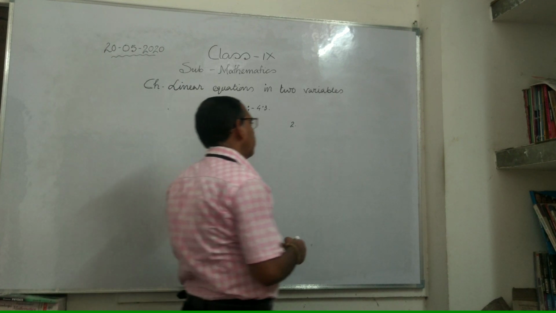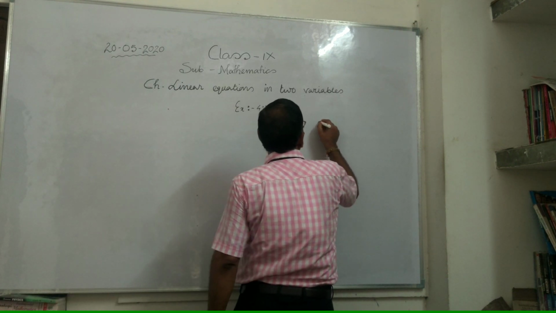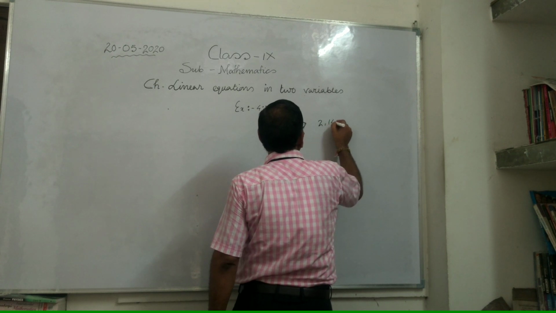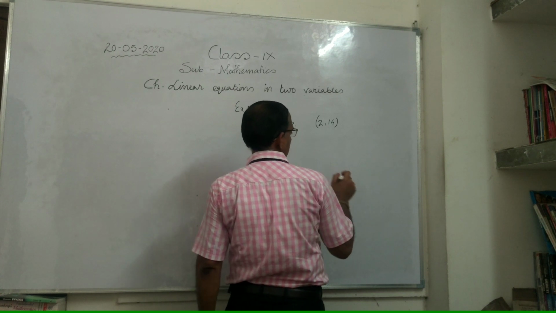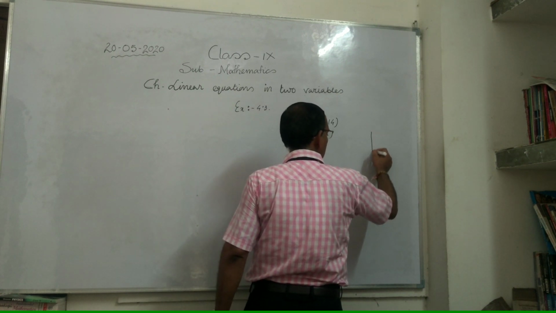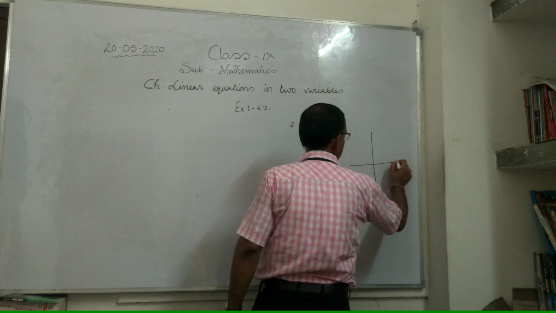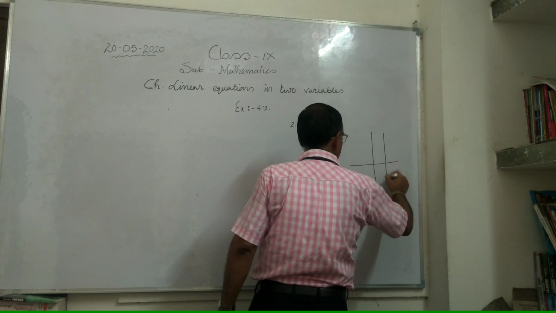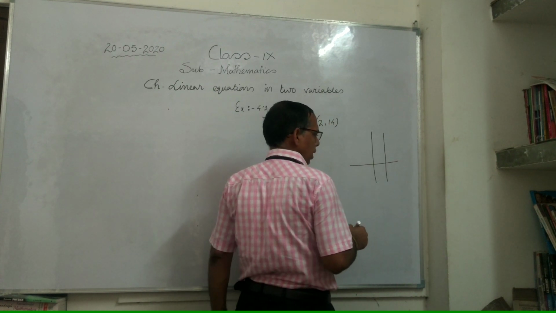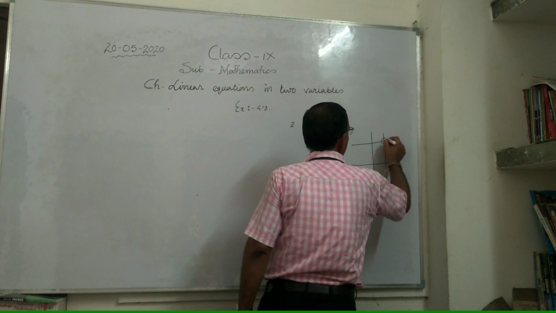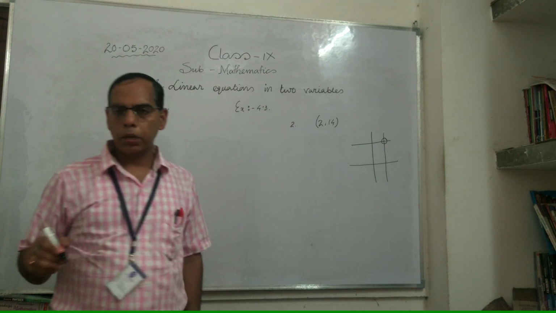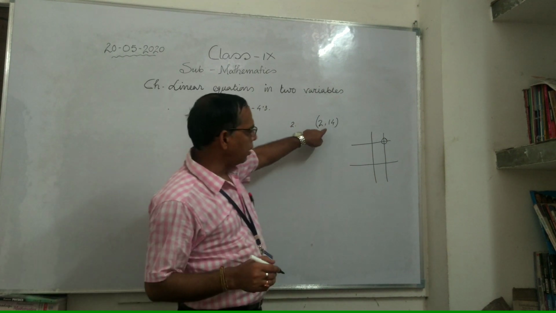See, first of all, what is that? (2, 14). So the simple thing is, if you see a coordinate axis, if this is a straight line, that is the equation of x-axis, and this is the equation of y-axis, then these two intersect each other at a point, and that is the same one.